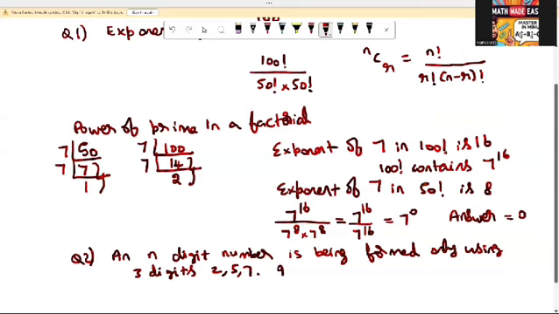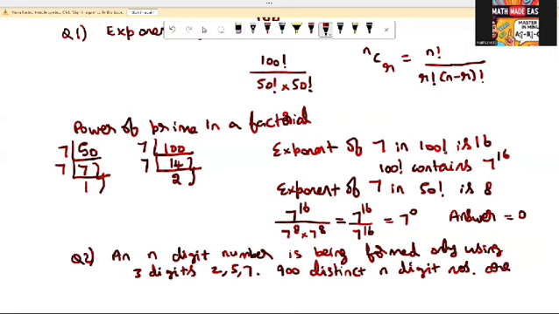If 900 distinct n-digit numbers are formed, the question is to find the smallest value of n.